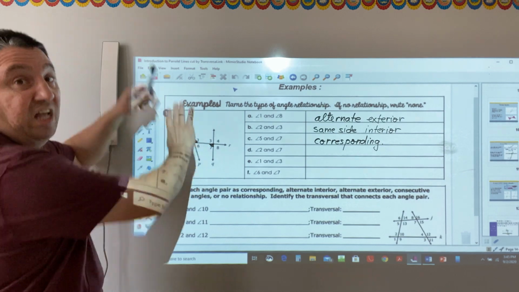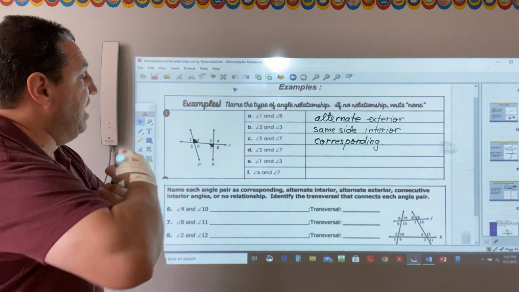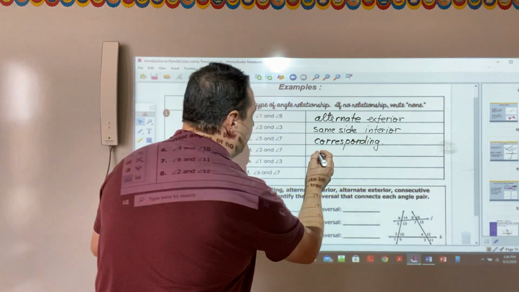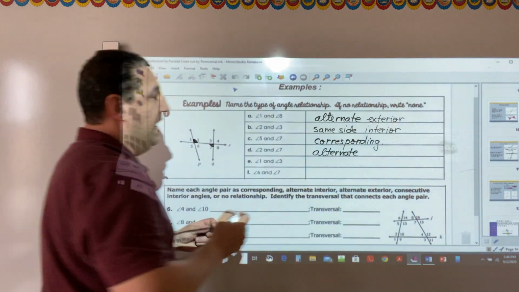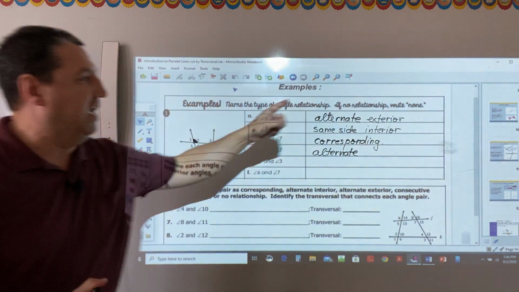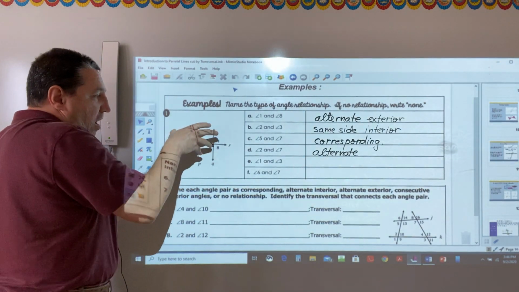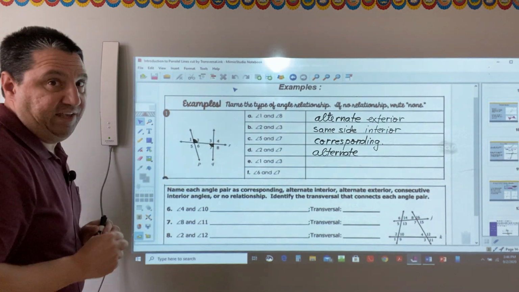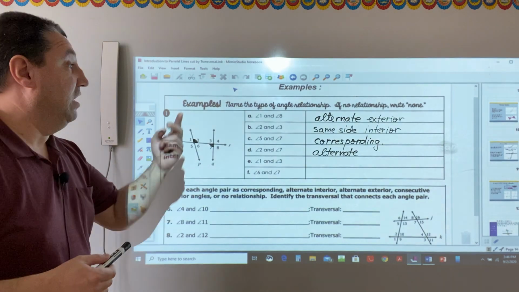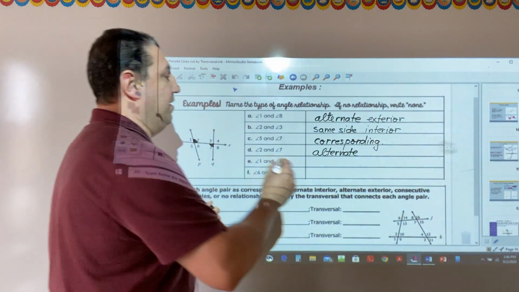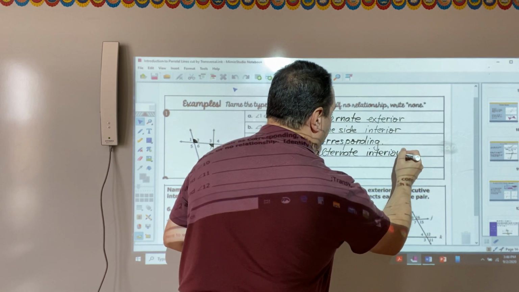They are not on the same side of transversal, but on opposite side. So they are alternate. Now we have to decide if they are exterior or interior. Both angles are between the lines cut by transversal. They are inside. So what's the name? It is alternate interior. Good.